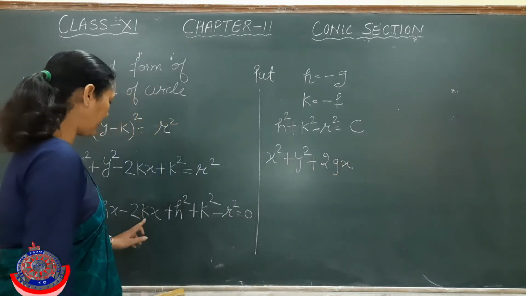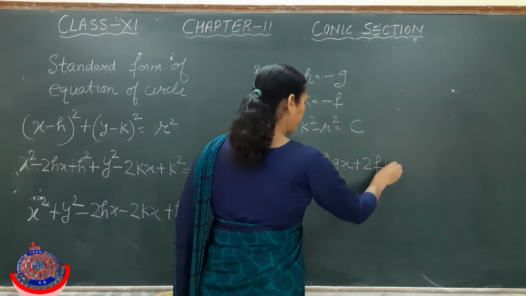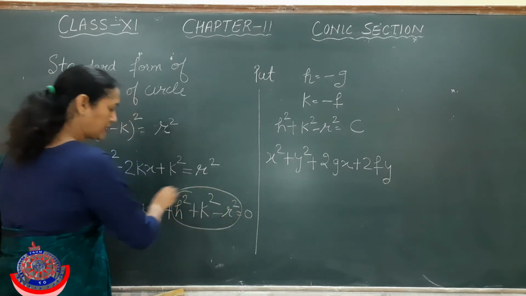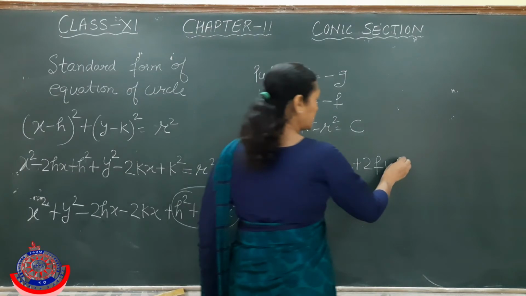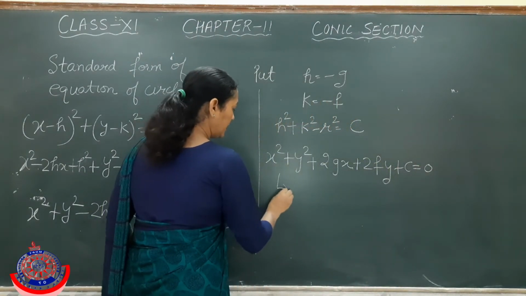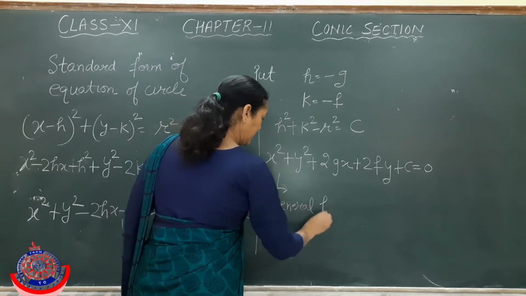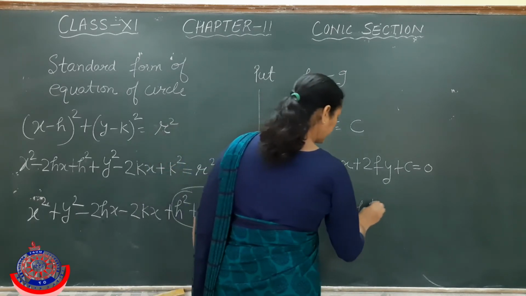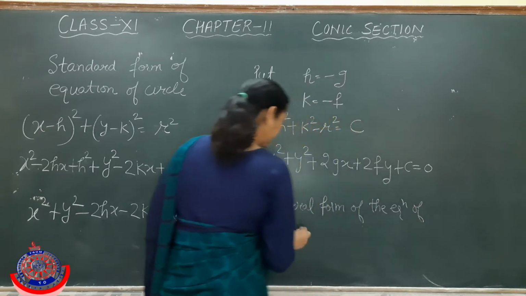Here instead of minus k, f will come, 2fy. Now I have replaced these three, h square plus k square minus r square, with c, plus c equals 0. So this is called general form of the equation of the circle.